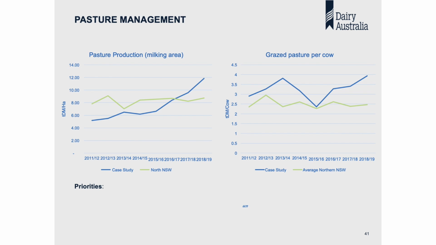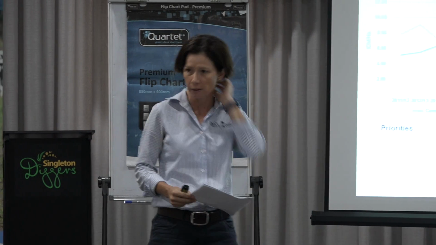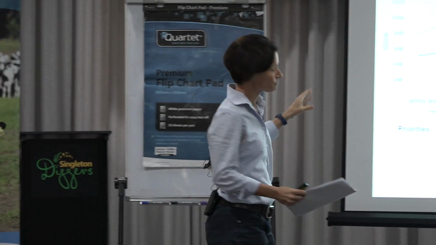Just quickly, we can see over time, pasture utilisation on the milking area, that blue line for the Wheatleys has increased, and also grazed pasture per cow has done a bit of bumping around, but you've got to look at the calculation to work out what's happening there. But you're currently doing around 4 tonnes of dry matter per cow, which is, we aim for around 3 to 4 tonnes of dry matter per cow, so you're doing really well. So, there are the numbers, now we need the story.